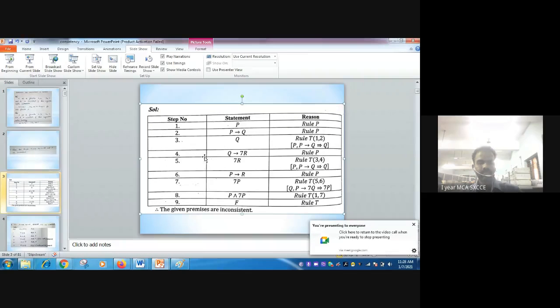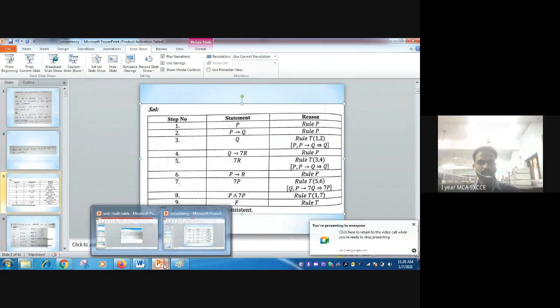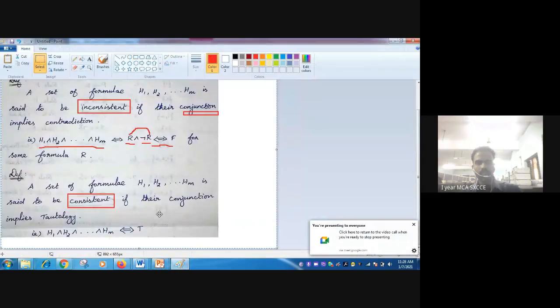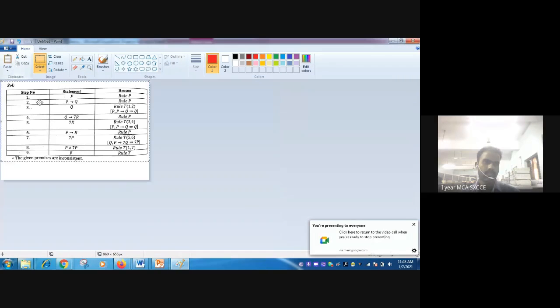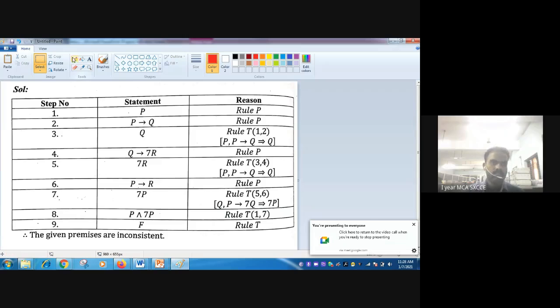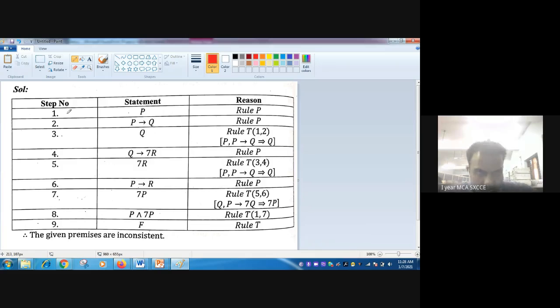Solution. Let us form a tabular column consisting of 3 columns.